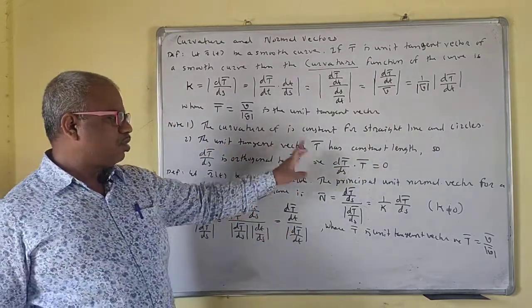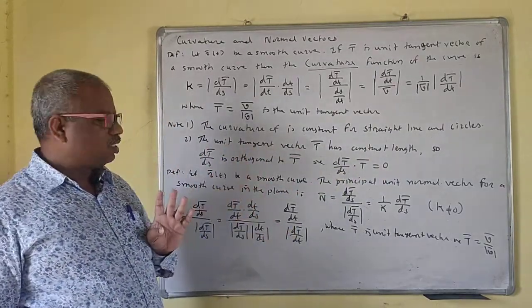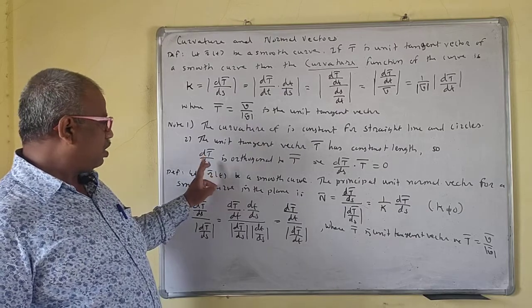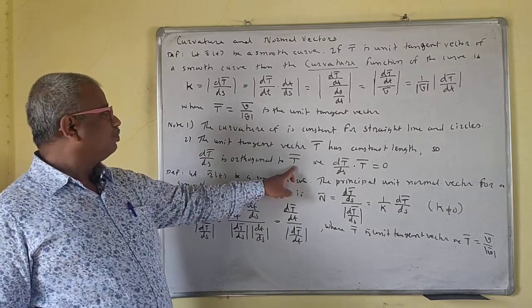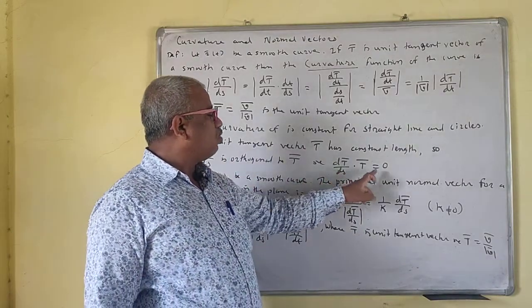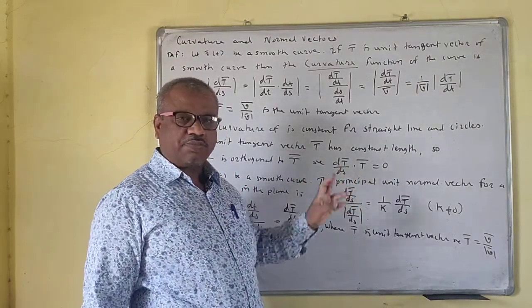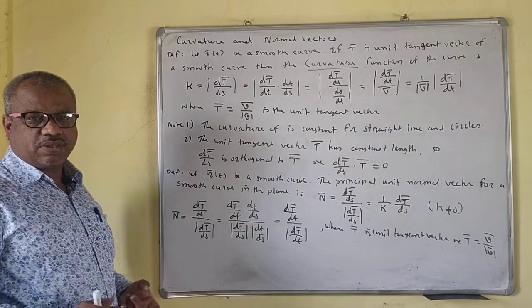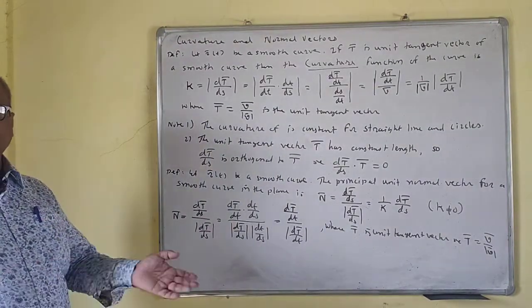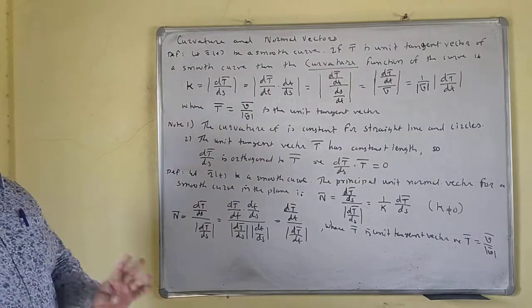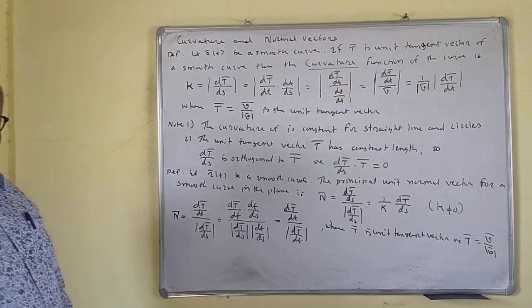Therefore dT bar by ds is orthogonal to T bar. Orthogonal means perpendicular, and two vectors are perpendicular if and only if their dot product is 0. You are familiar with that.